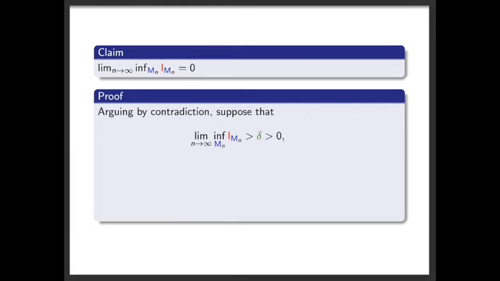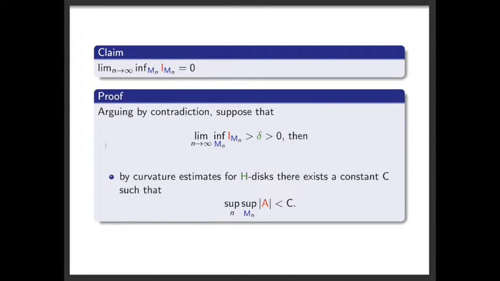Arguing by contradiction, suppose that's not the case, that the injectivity radius is bounded from below. Then we can apply our curvature estimates to say that the second fundamental form is bounded from above.